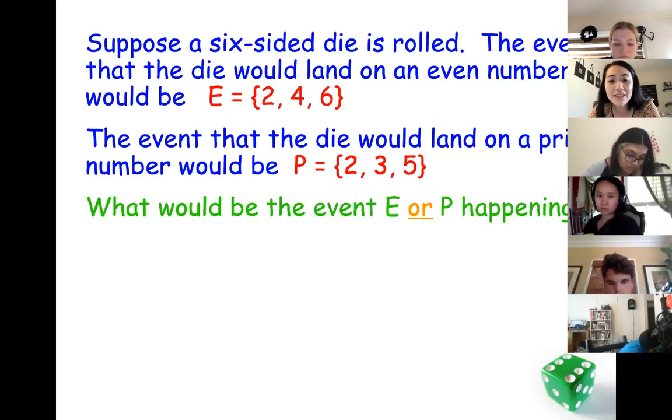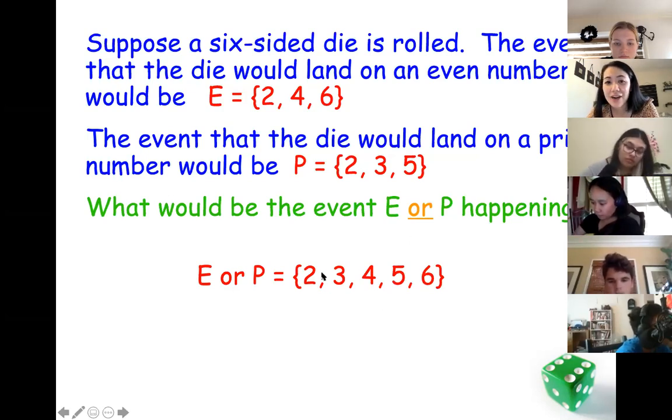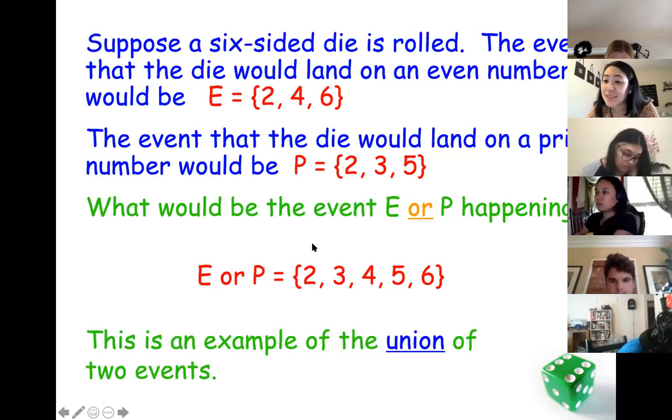That's a common misconception, but 1 is actually not a prime number. Now if I want to know about E or P happening, if I want the event of E or P happening, these would be the values in that event. Any number in E or any number in P would satisfy E or P. So this is called the union of two events.